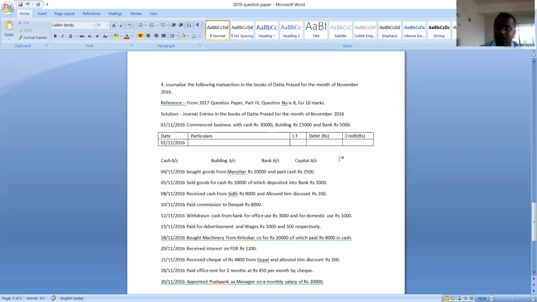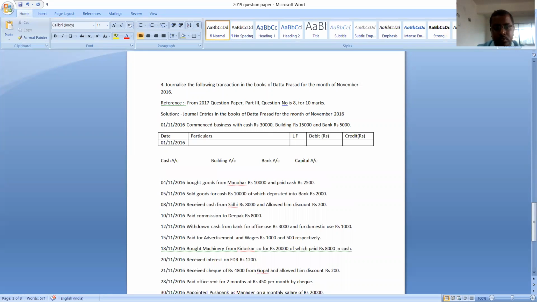Let's see which accounts should be debited and which should be credited. Before debiting and crediting these accounts, first we should see which category these accounts belong to. By that, the further task will become very easy. Cash account is a real account because it is an asset. Building account is also a real account because it is also an asset.